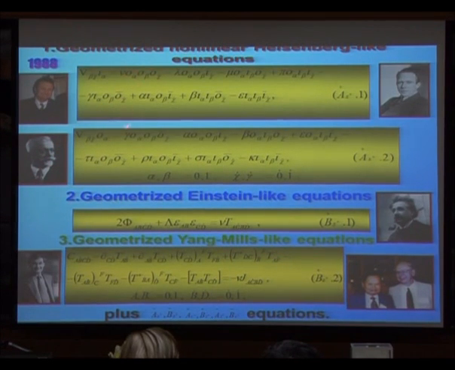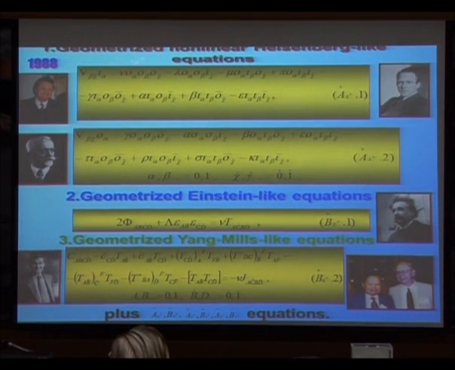And we can see these equations of Einstein, where the right hand side has a geometrical nature and is defined by the torsion field.